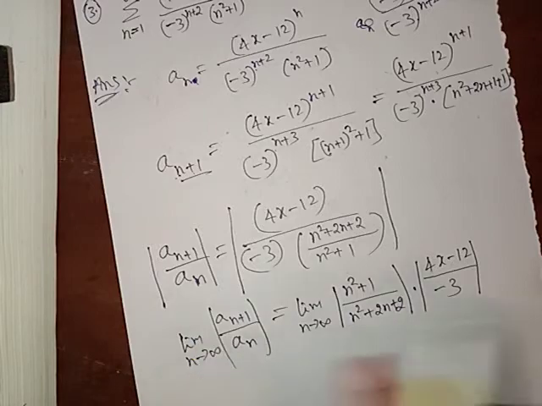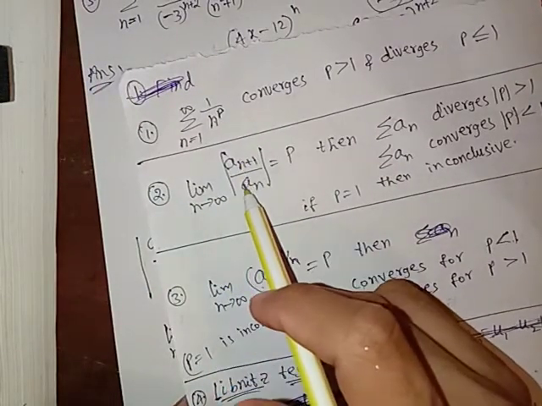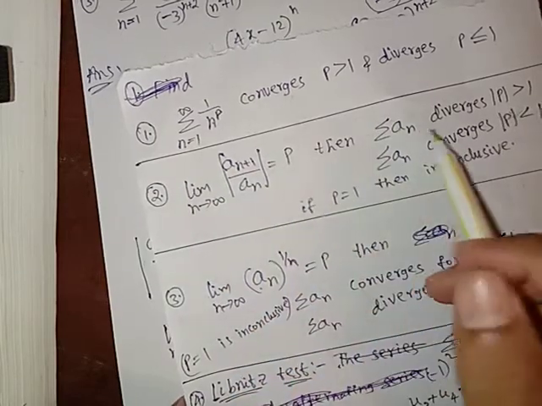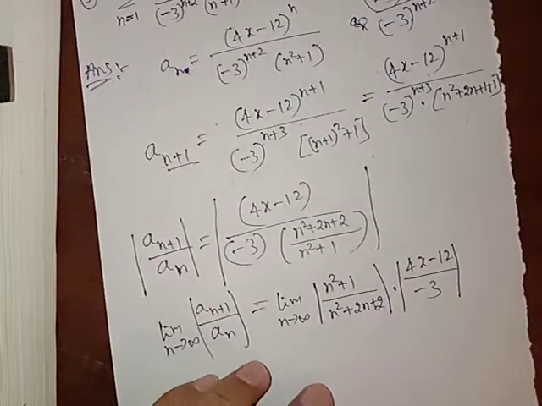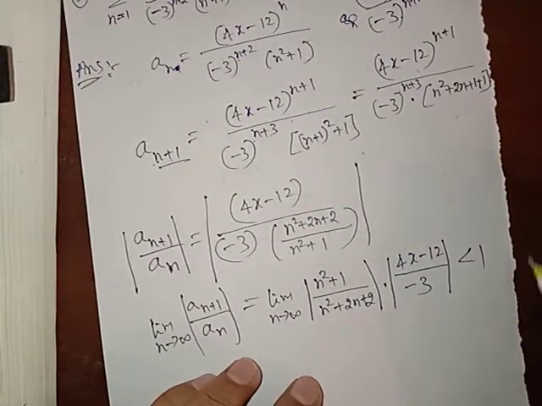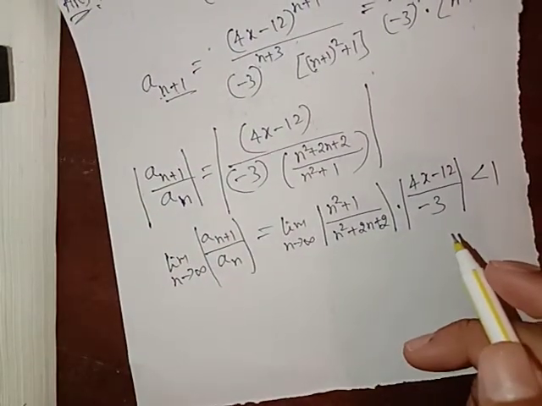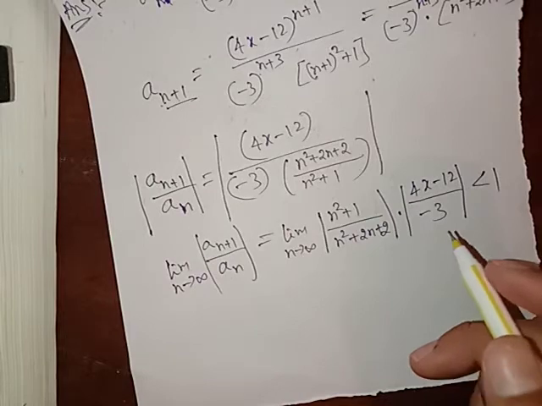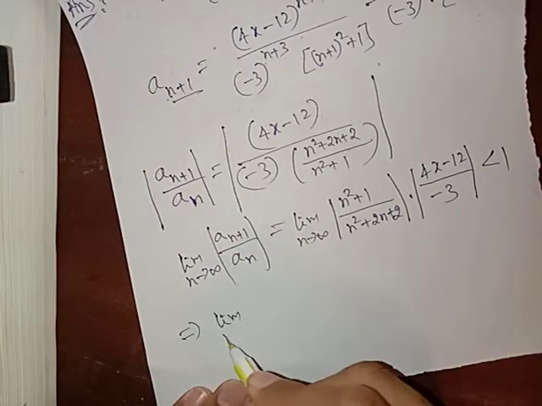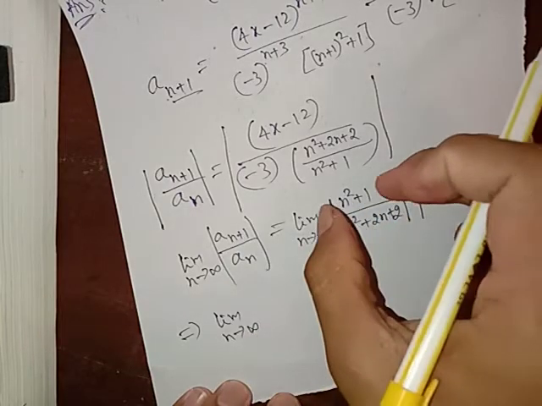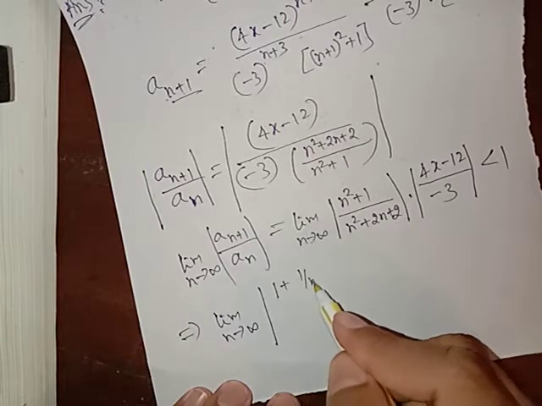Now we know that by the ratio test, the limit n tends to infinity of the modulus of a_(n+1) divided by a_n is less than 1 for convergence. So this is less than 1 for convergence. Now we can write this limit n tends to infinity. If we divide this one by n^2, we get 1 plus 1 by n^2.